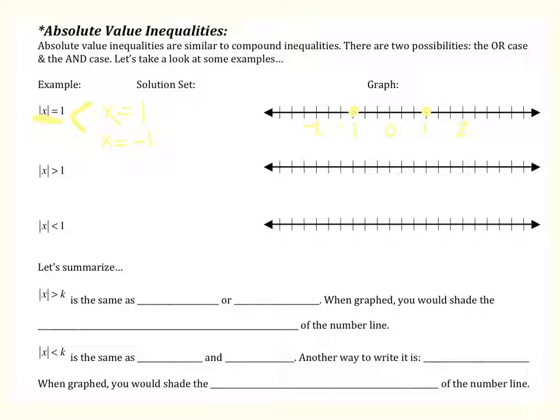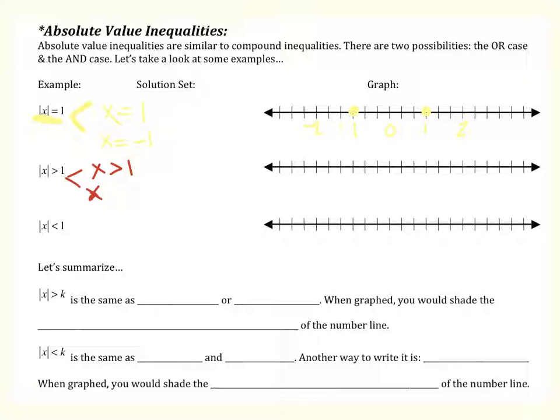So for inequalities, if we have the absolute value of x is greater than 1, we would break that into two, and we have x is greater than 1, but also, with absolute value, just like for equations, we have a negative.